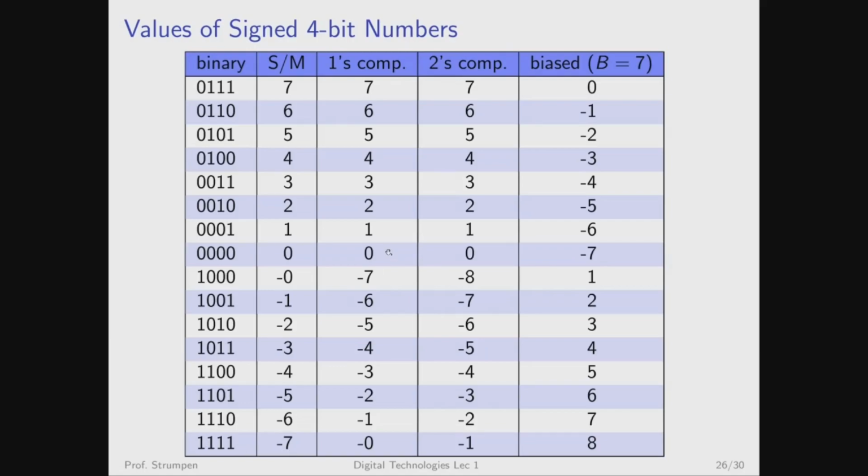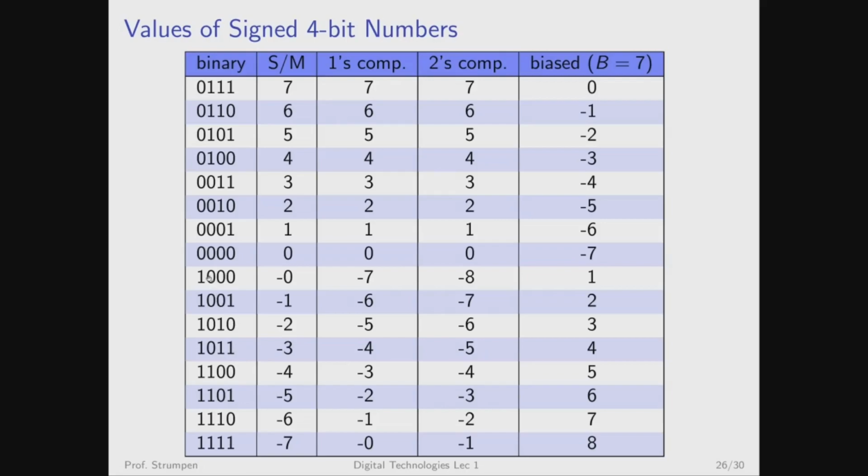In the 1's complement, you do a similar thing, right? As long as the most significant bit, the sign bit, is 0, you just interpret the number by the magnitude of the remaining 3 bits. And if the sign bit is 1, you compute the 1's complement.